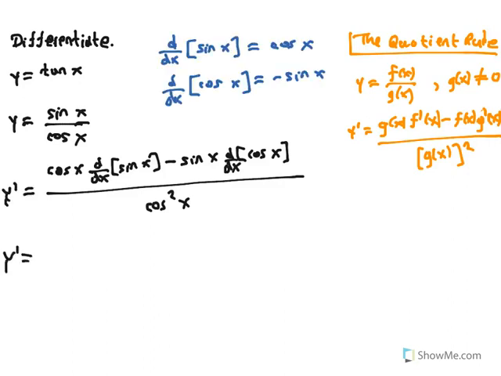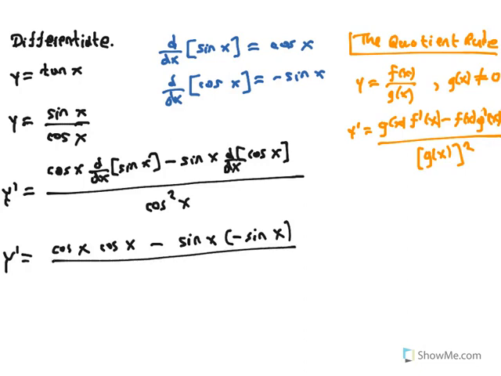So we have y prime is equal to cosine x times the derivative of sine x, which is of course cosine x, minus sine x times the derivative of cosine x, which is negative sine x. So you have times negative sine x all over cosine squared x.